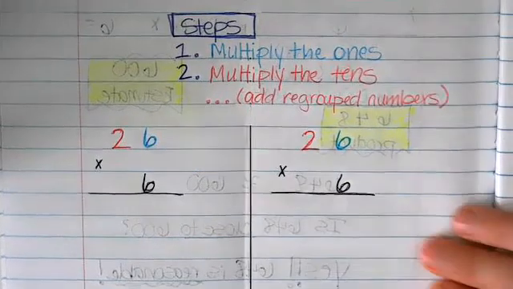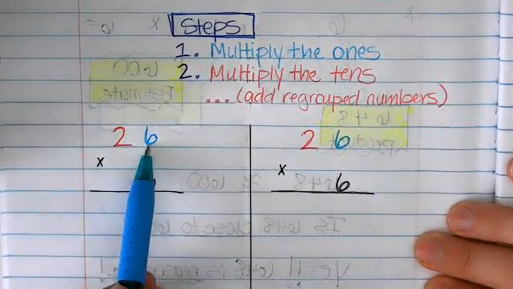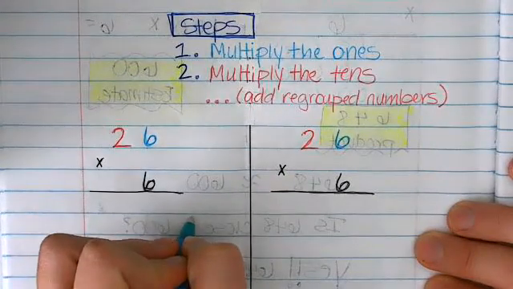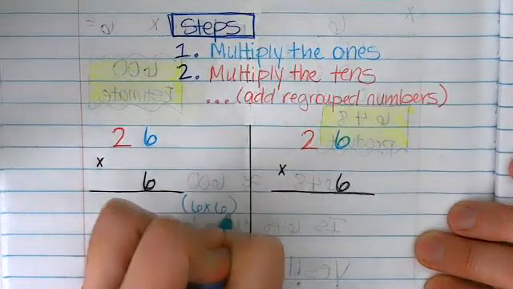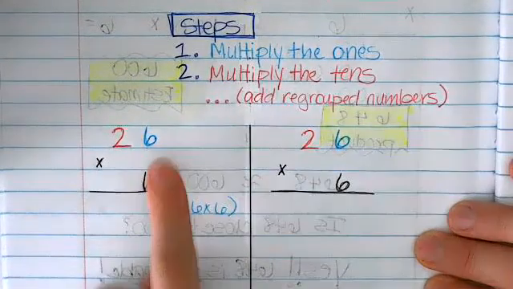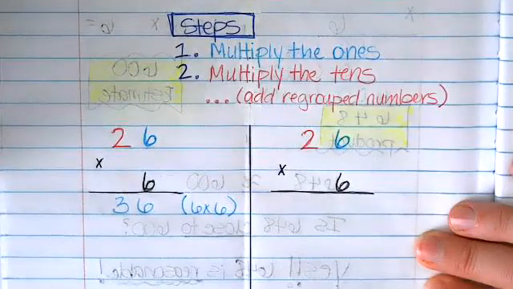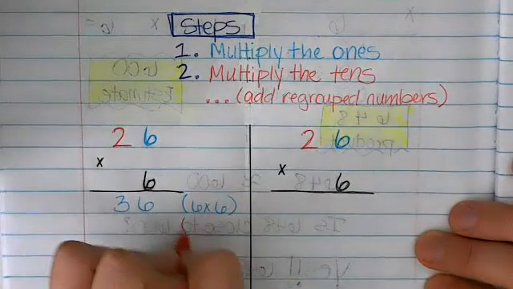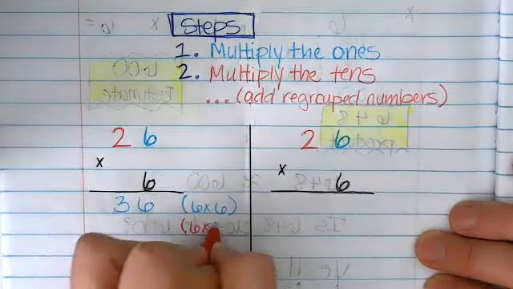Using baby algorithm, we take this 6 here on the bottom and multiply it by the 6 in the ones place. So I write down just like this, 6 down here times 6. And 6 times 6 is 36. Then I'm going to multiply this 6 here times the 2 in the tens place, which is 20.